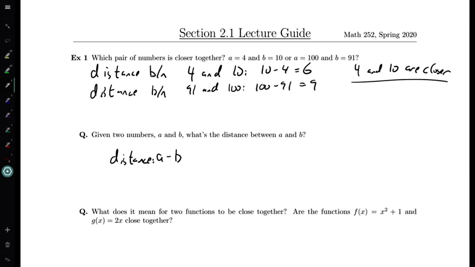But this isn't quite right. If we look at the previous example, if we were to talk about a minus b for a equals 4 and b equals 10, we'd be looking at the number negative 6. And it's kind of weird to say that a distance should be negative. By distance, we really mean something positive, or at least not negative.